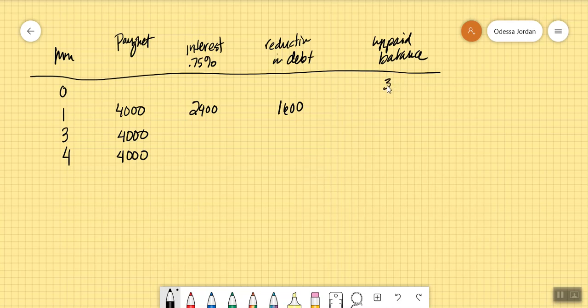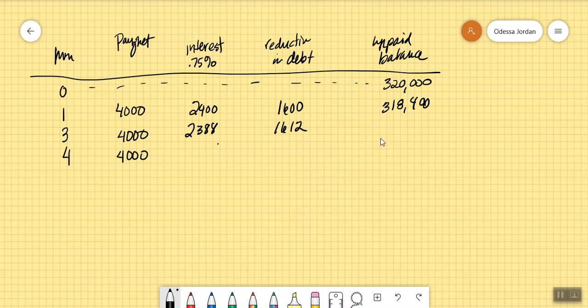Oh, by the way, that's 320,000 at the beginning, month 0. All right. And so then the ending balance now of what still needs to be paid is 318,400. So we start all over again in the next month. Make that $4,000 payment. And so now your interest payment is 2,388, and that leaves 1,612 to reduce your debt.